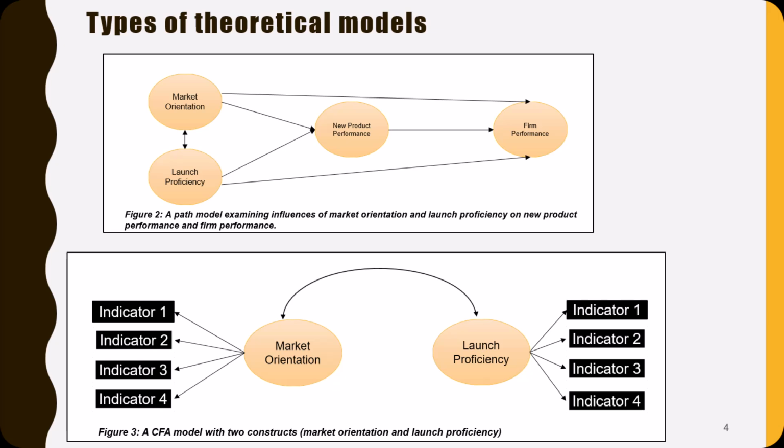So we can use SEM in order to test the relationships between constructs, and in fact, when we establish hypothesized relationships among latent constructs or variables, we are combining path models and confirmatory factor models. So in SEM, we combine path models and confirmatory factor models in order to test the relationships between constructs.